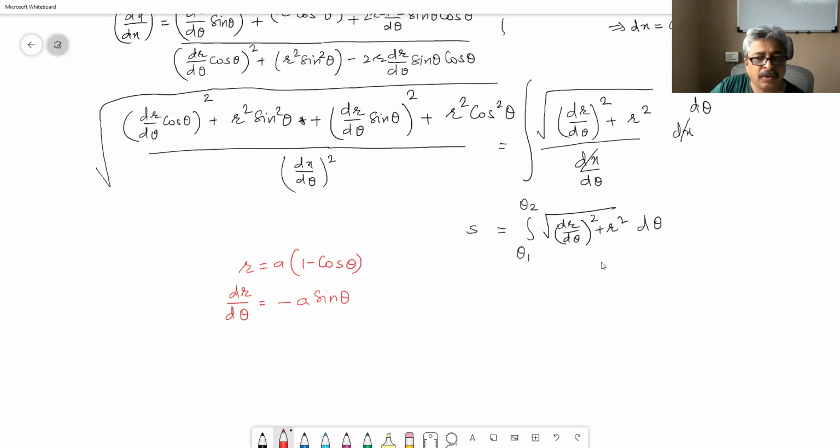Therefore, theta, of course, I will do it from 0 to pi. Therefore, integral 0 to pi radical (minus a sin theta, that is dr by d theta) bracket square plus r square, that is a square into (1 minus cos theta) bracket square d theta.